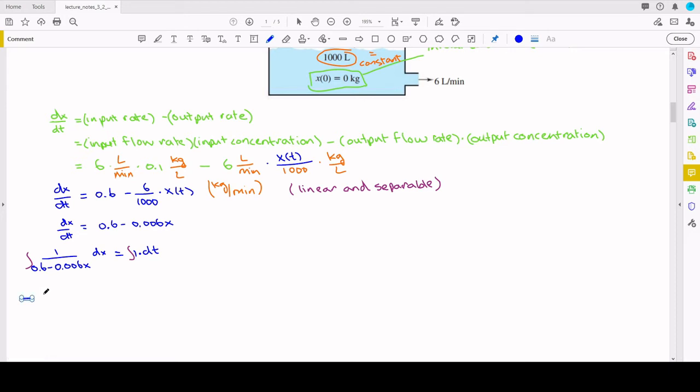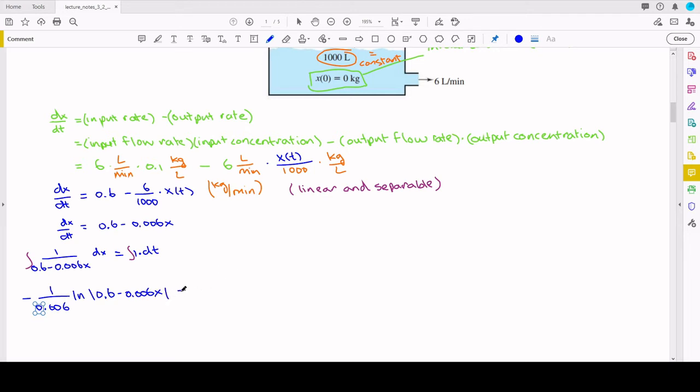So that's negative 1 over 0.006 times ln of the absolute value of 0.6 minus 0.006x.